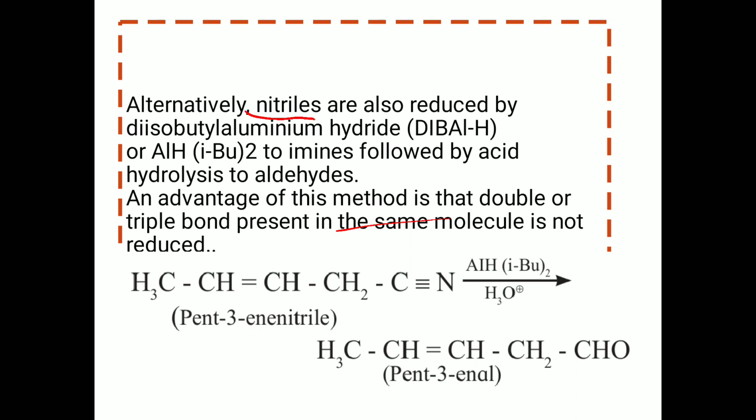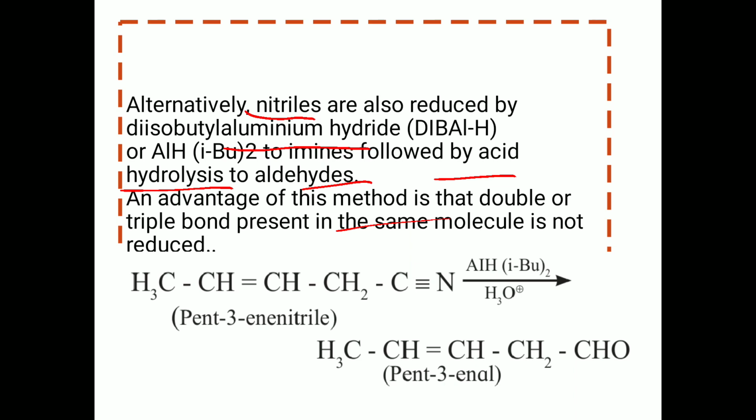The nitriles are also reduced by diisobutyl aluminum hydride. The structure of diisobutyl aluminum hydride we have already studied in part 3. This gives an imine, which is followed by acid hydrolysis to the aldehyde.